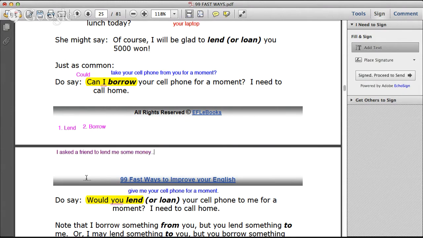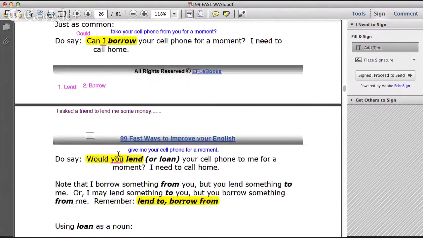And then the rest of what you said, that was good. I asked a friend to lend me some money. Awesome. How could you use borrow? I borrowed that money because I was without any dime.